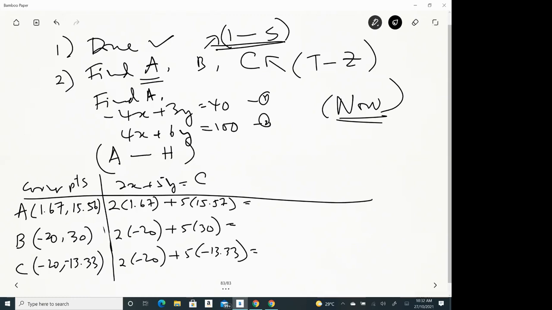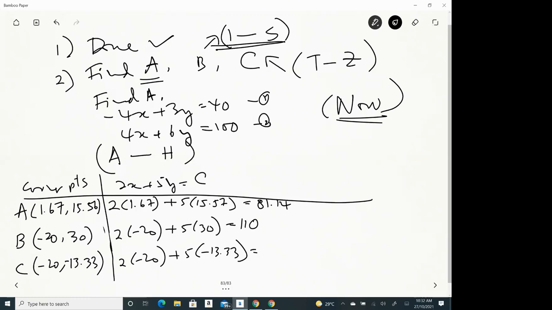All right, for point A, what is the value that you got? 81.14. Another person, do you get the same value or another value? Just to verify. Same. Now for point B, what did you get? 110. All right.